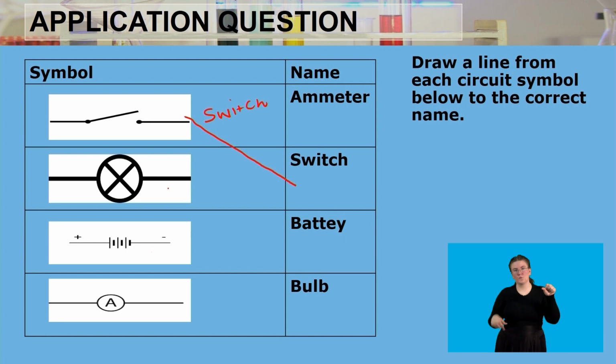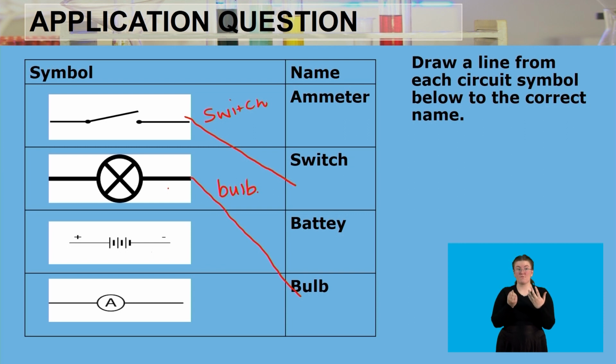And then this one, we do know that when we are drawing an electric circuit, we have this particular symbol or component, which is going to denote a light bulb. So this goes with that. So I can also write bulb there. And then this number 3, we have terminals, a positive terminal and a negative terminal, and we have more than one. Remember, if it's 1, it makes a cell.